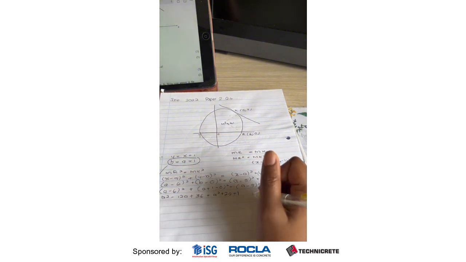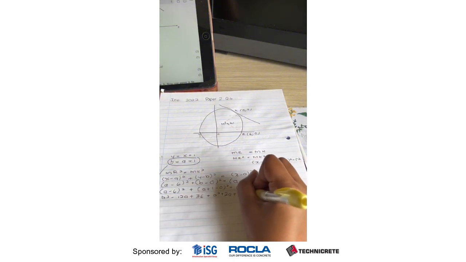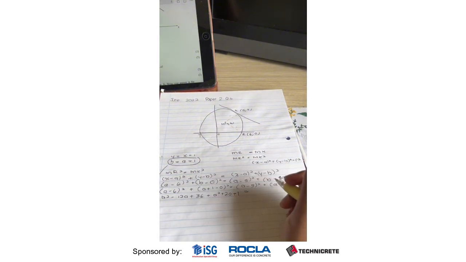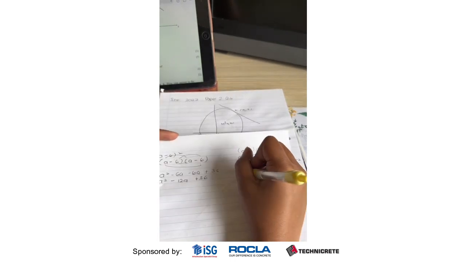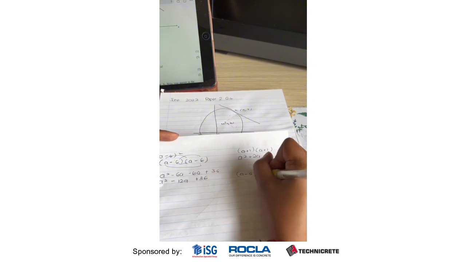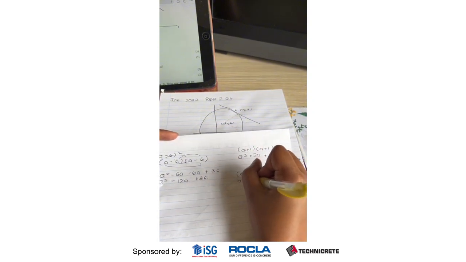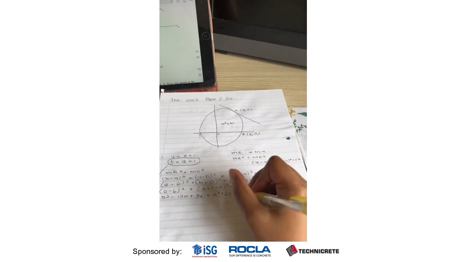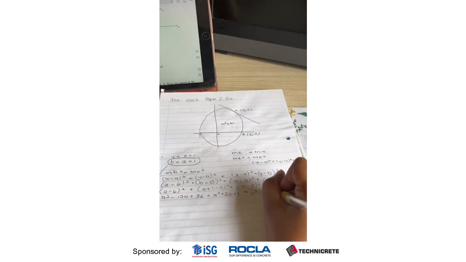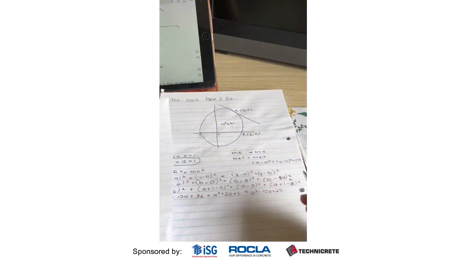On the other side, we're going to simplify a minus 5 squared. So a minus 5 times a minus 5: we get a squared minus 5a minus 5a, which is minus 10a, plus 25. So a squared minus 10a plus 25. And here we're going to have a minus 6.